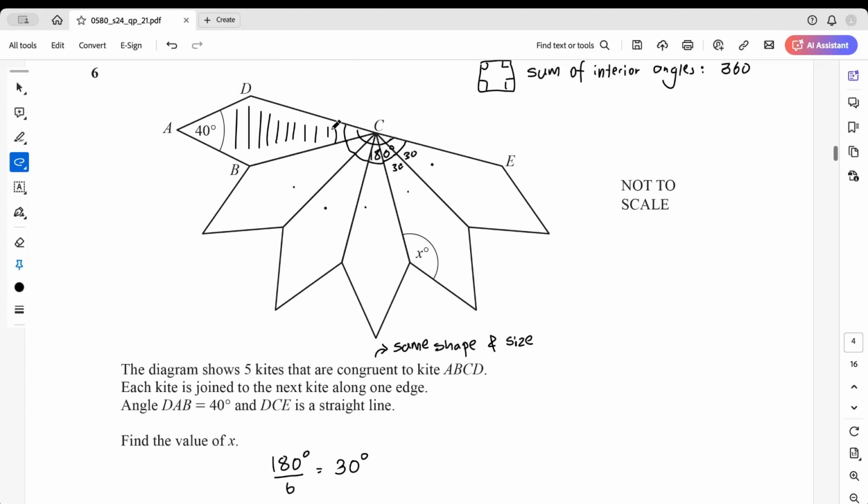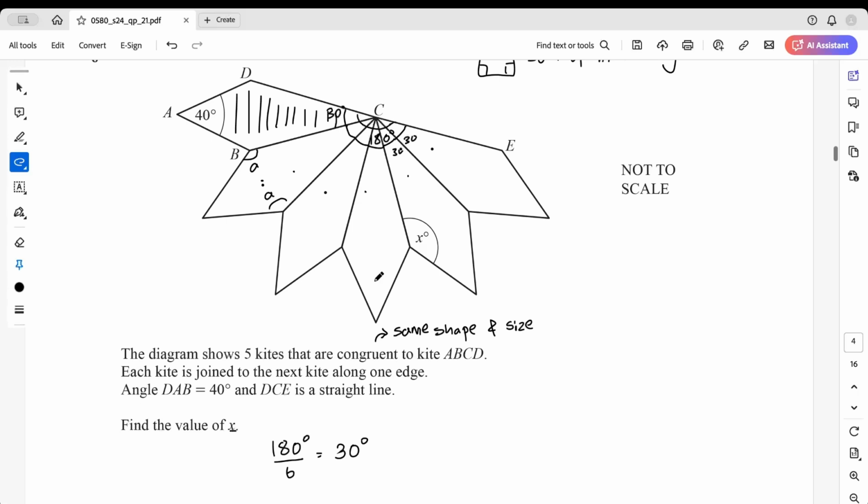So now we know that this is 30 degrees, and we know this is 40 degrees. We know that in a kite, this angle is equal to this angle. So to find one of these angles, we're finding the value of x, which is one of these angles, which we know will be the same as this.